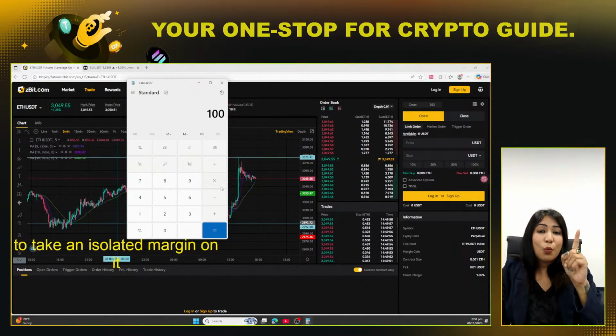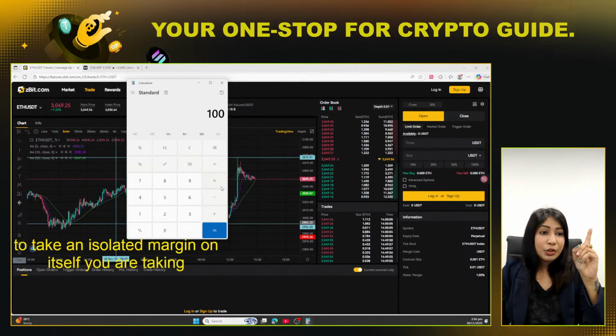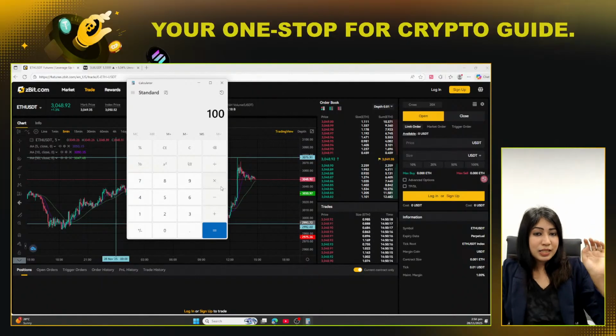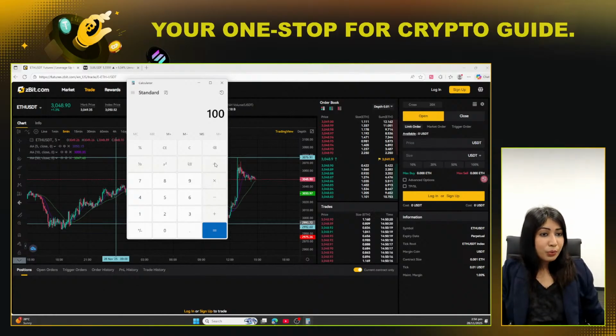Isolated margin means for one particular position, you are using the whole of the margin for that position only. You're not taking multiple positions. You're not utilizing all the $100 in your wallet for any other purpose. So this is how you go about it.